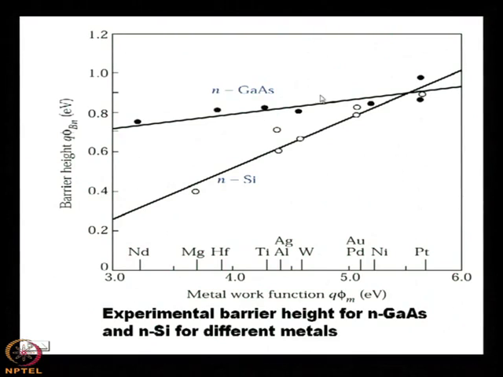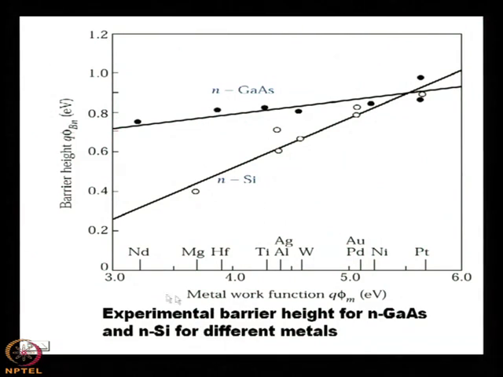So, these are very important relations. Now, you see that in this view graph, we have seen the barrier height as a function of metal work function for two semiconductors. One is N type silicon, another is N type gallium arsenide. If I change it to P type, the curve will be different. Remember, it is for N type semiconductor.